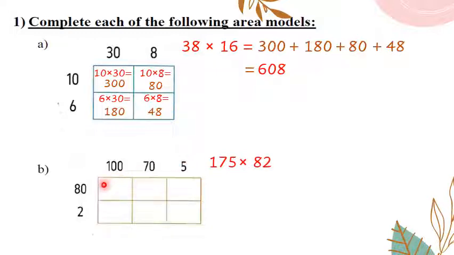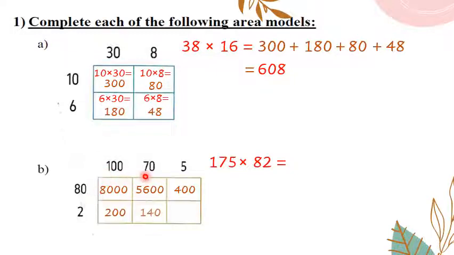Let's multiply. 80 times 100 equal 8,000, and 80 times 70 equal 5,600. Then 80 times 5 equal 400. 2 times 100 equal 200.